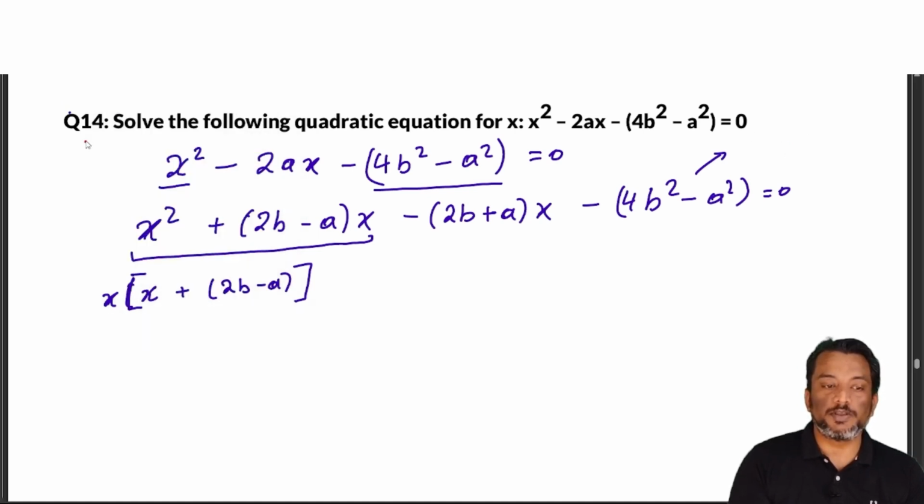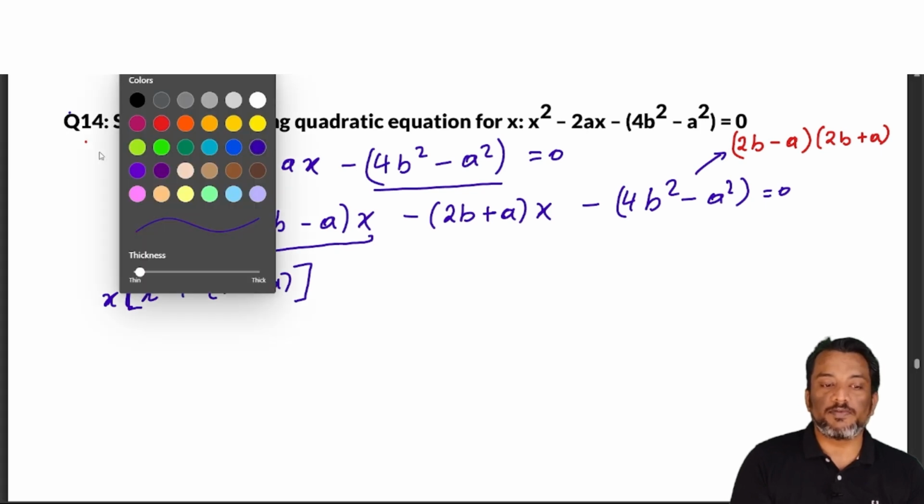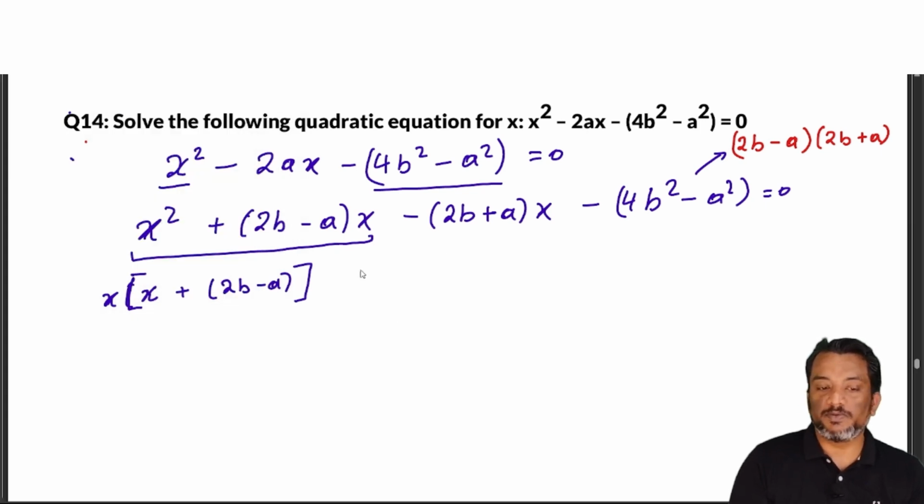Here you have to use a little bit of the identity: 4b square minus a square. You will get 2b minus a times 2b plus a, because it is in the form of a square minus b square. Now you can take minus 2b plus a common.